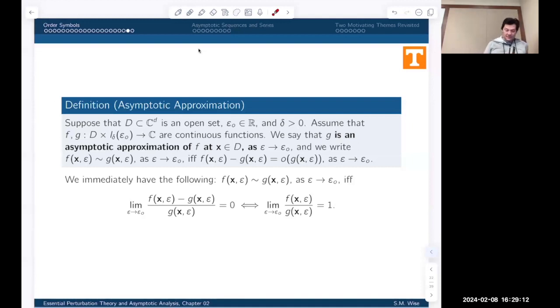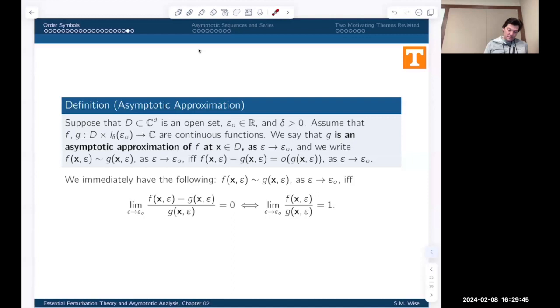Now let's use some of the things that we've seen before. Roughly speaking, as long as G is not 0, except possibly at epsilon equals epsilon naught, let's compute this limit. Well, what does this limit tell you? We know that G over G is going to be 1, and F over G, well, that's the limit we want to find out.